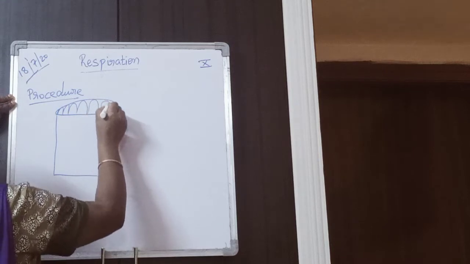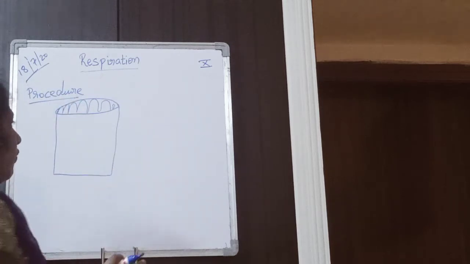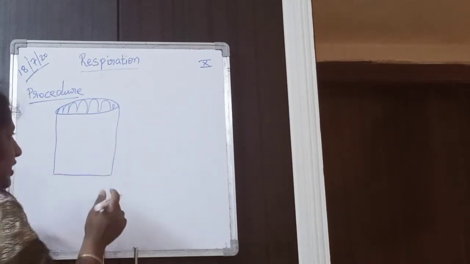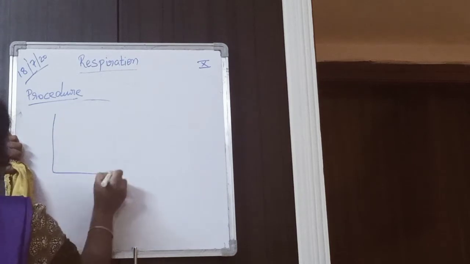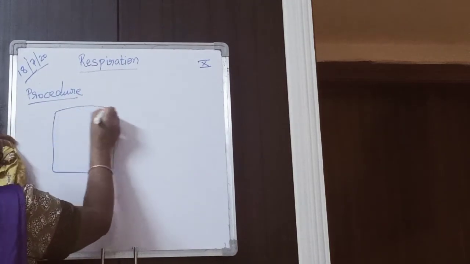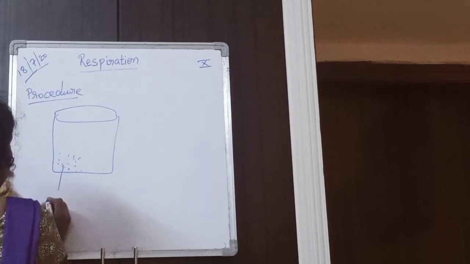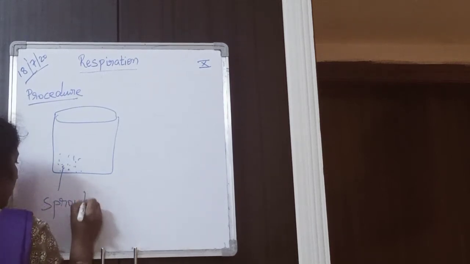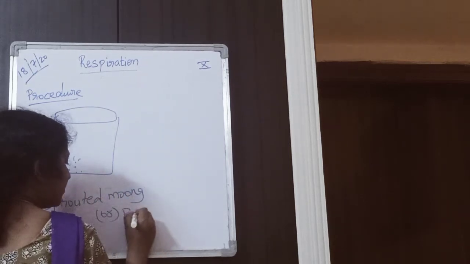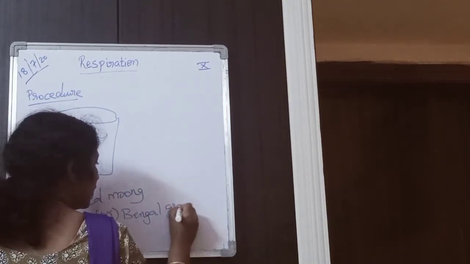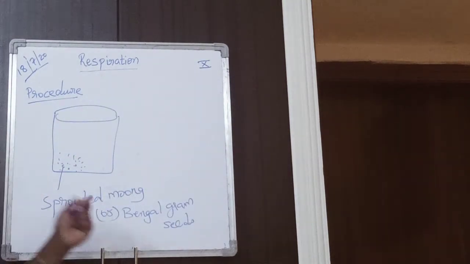But before covering it, you put some sprouted moong dal or Bengal gram seeds in it. So how do you prepare this?